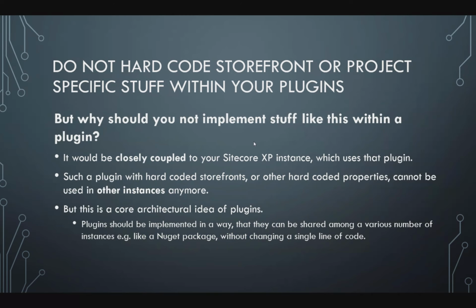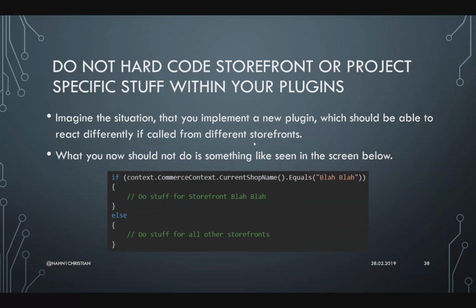So if you pull out the plugin and put it into another Sitecore XP installation, most likely this plugin would not work anymore because it's too hard-coded. So the better approach would be to use environments and policies to trigger different functionalities. Instead of using if-else and storefront, you could just create a policy dependent on the environment, like B2B, B2C, and any other environment, and just wrap the policies on runtime based on your current environment and then react correctly on that instead of using any if-else construct.